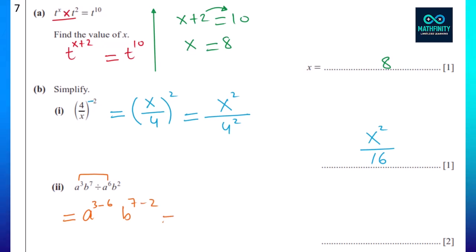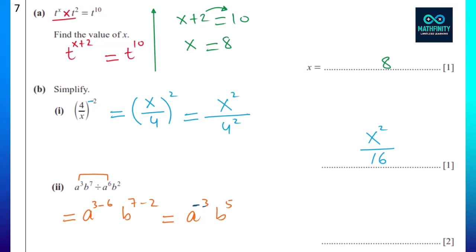After this, we can write a power negative 3 and b power 5. You can leave it as your answer because they did not put any condition. You can leave it as it is, or the best way is to try to change the negative index to positive.